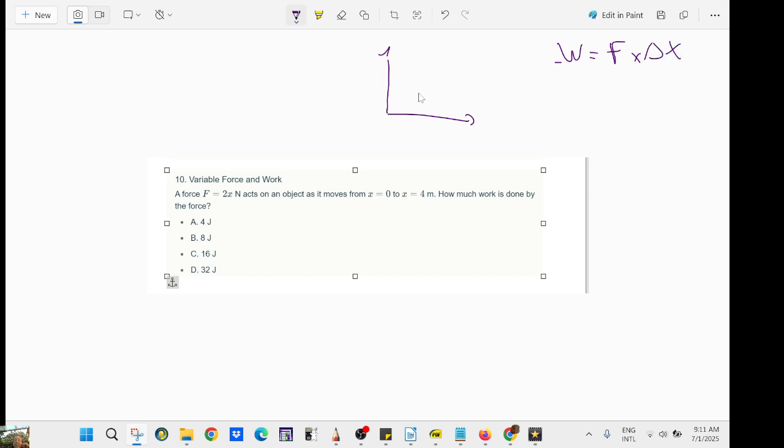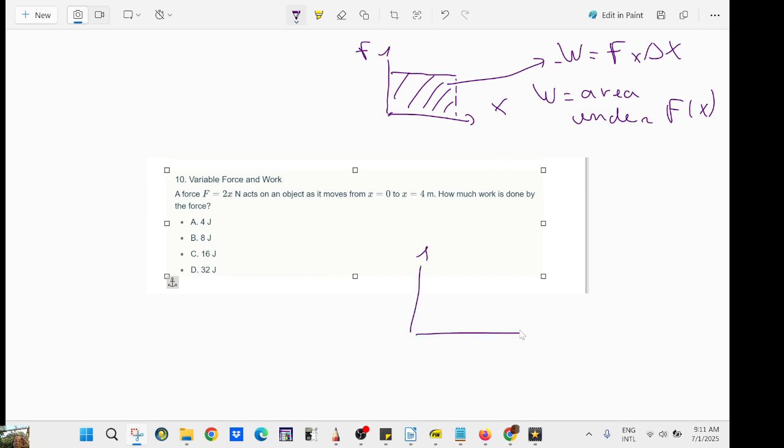So if you have a force as a function of displacement from 0, and the force is constant, this here will be your work. So the work is the area under the function f of x. So in that case, the force is going to change as a function of x.